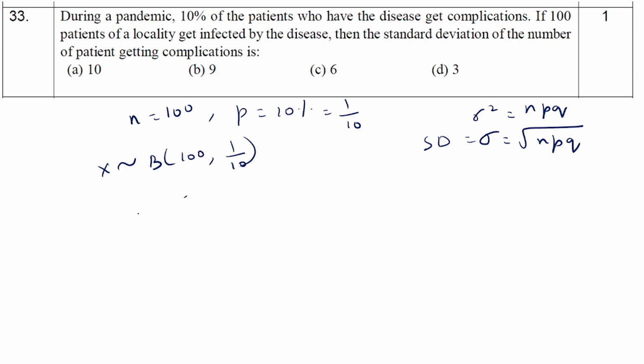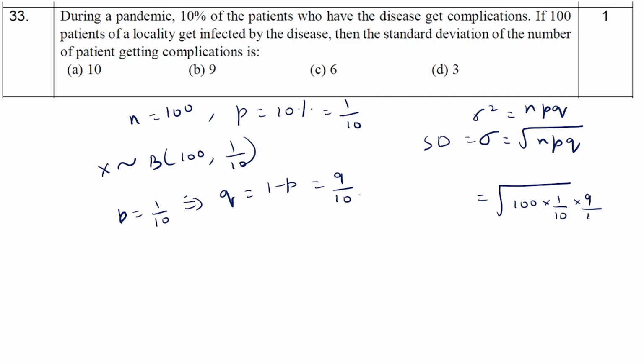So here if p is equal to 1 by 10, q is equal to 1 minus p, so it is equal to 1 minus 1 by 10, which is 9 by 10. So standard deviation is equal to root of n is 100, p is 1 by 10 and q is 9 by 10. So this is equal to root 9, which is 3. So sigma is equal to 3. So correct option is option D, 3.